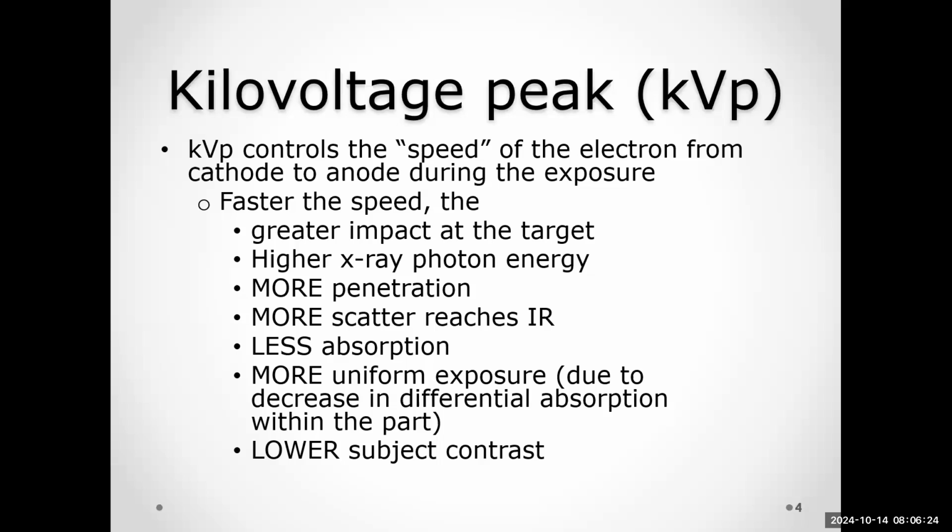And when we have more uniform exposure across the part, then that means we're going to have lower subject contrast. So lower subject contrast, meaning that those areas are absorbing radiation very similarly. Okay, so there's going to be less difference in the brightness levels that we see.